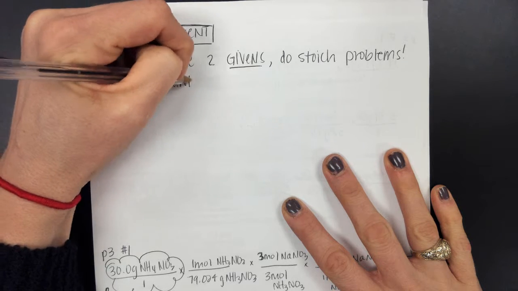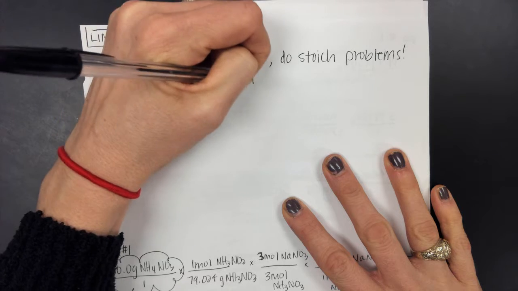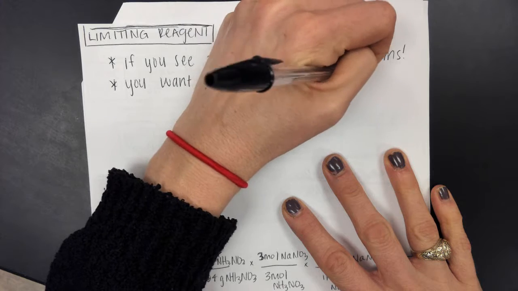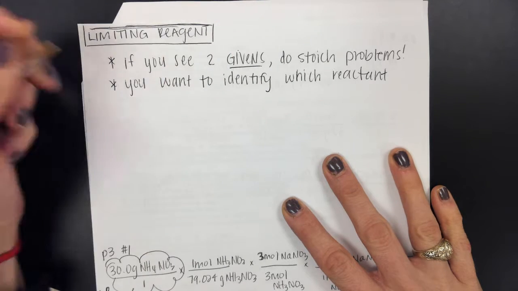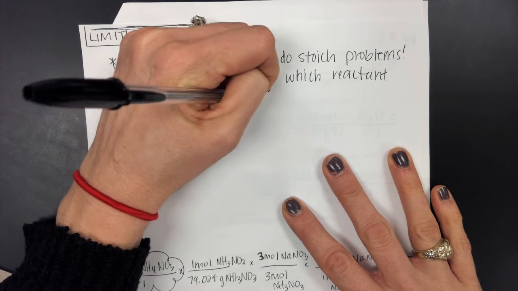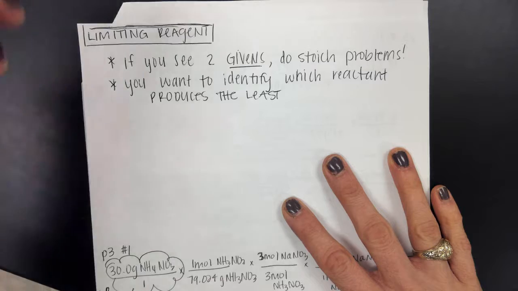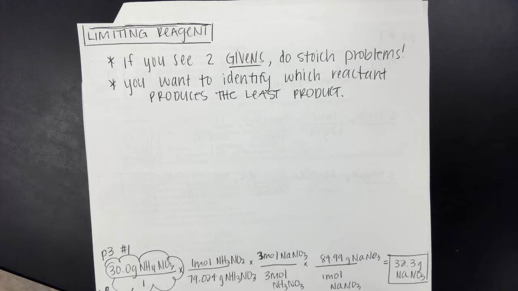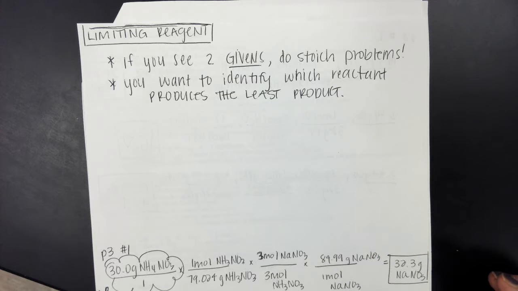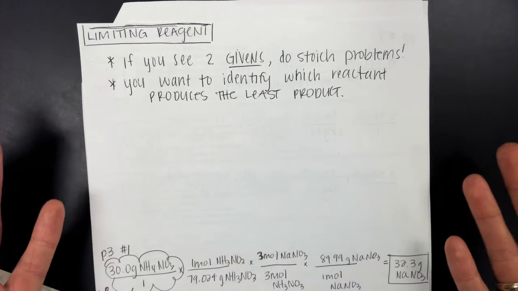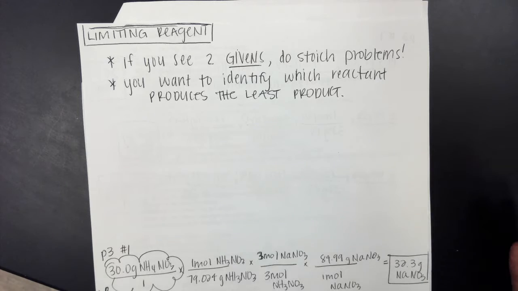You want to identify which reactant, this is important, produces the least product. Okay, if you do two stoich problems and one produces 5 grams of a product and the other one could produce 10 grams of a product, obviously the one that gives you 5 grams, you're going to run out and you won't be able to produce any more product.